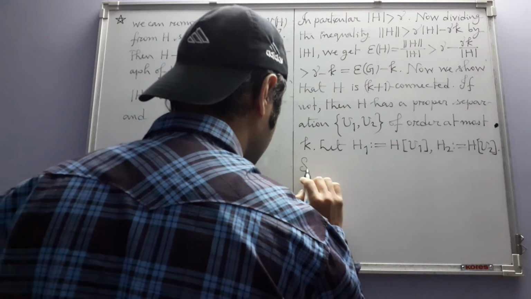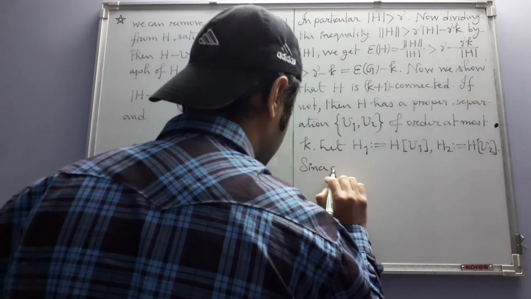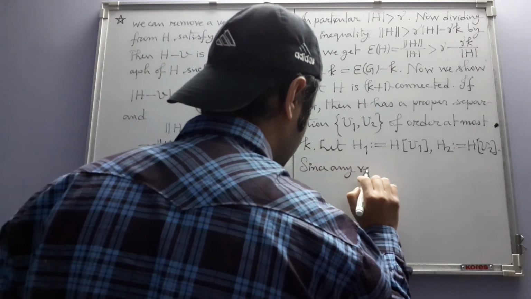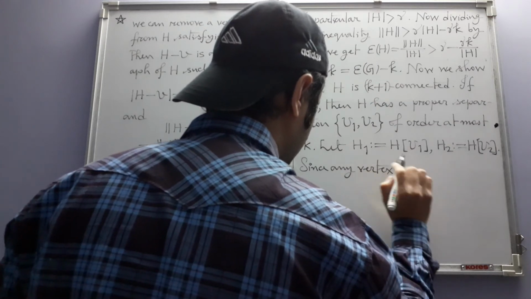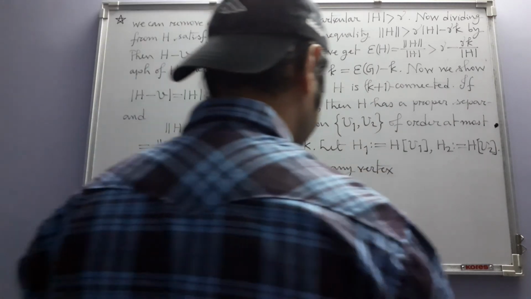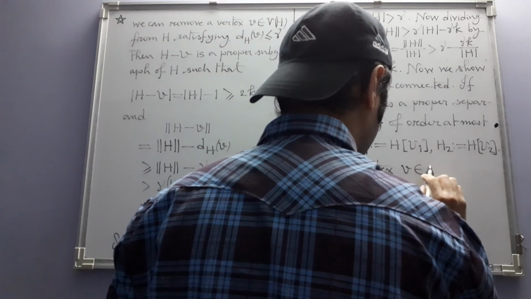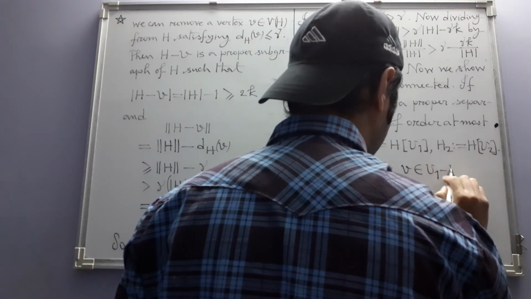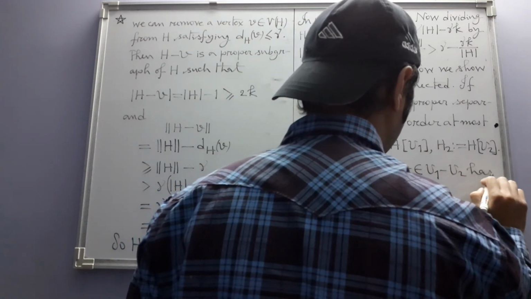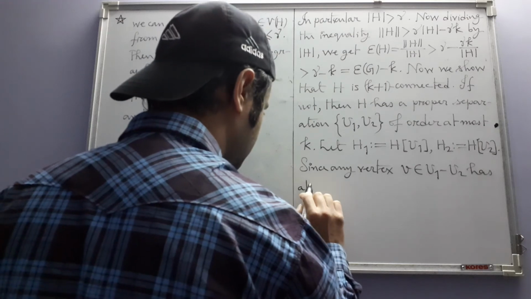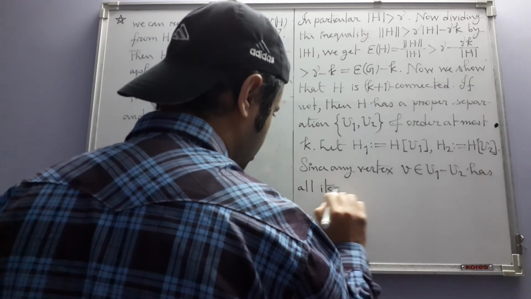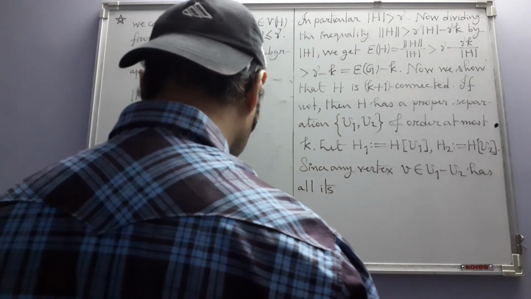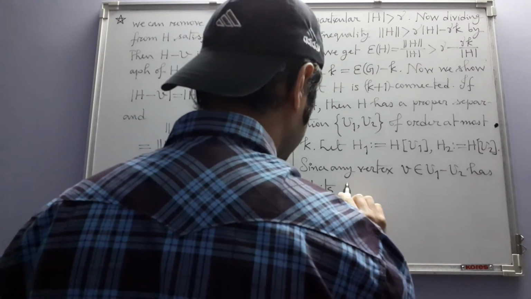Since any vertex V belonging to U1 minus U2 has all its neighbors, how many neighbors?